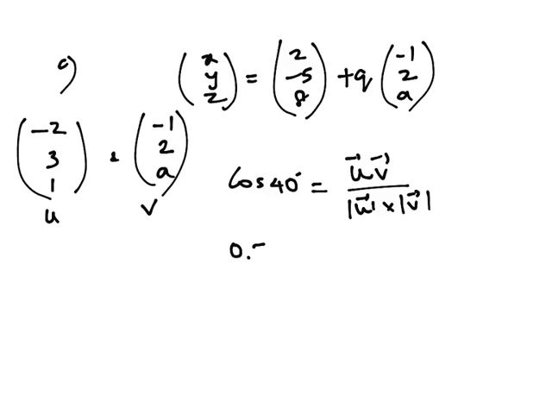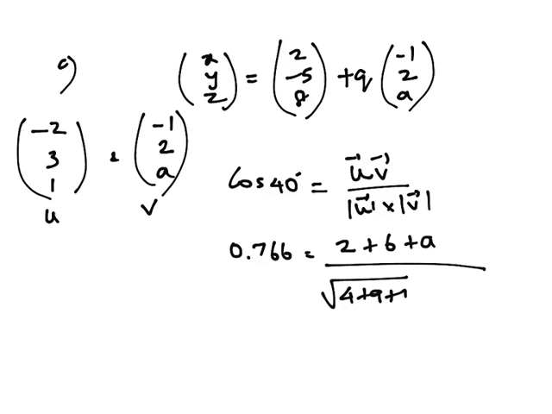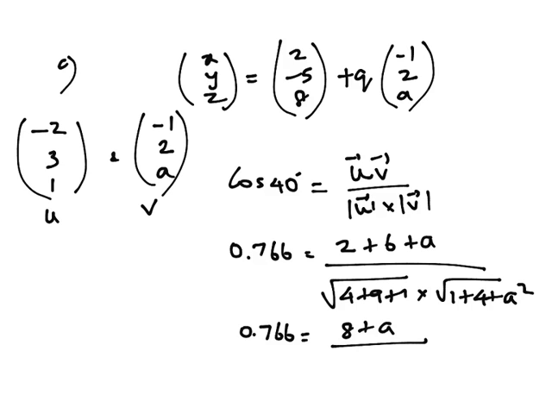So it's 0.766 equal to u dot v, which is 2 plus 6 plus a, divided by magnitude of u, which is square root of 4 plus 9 plus 1, times the square root of 1 plus 4 plus a squared. So you'll get 0.766 equal to (8 plus a) divided by, if you multiply inside the root also, the square root of 14 times 5, so 70 plus 14a squared.